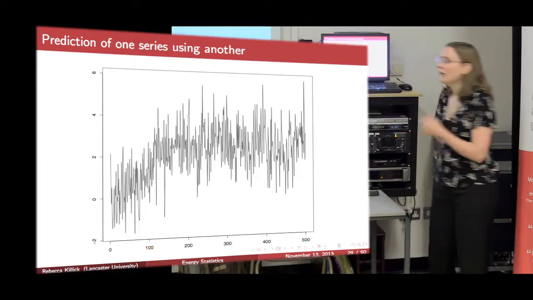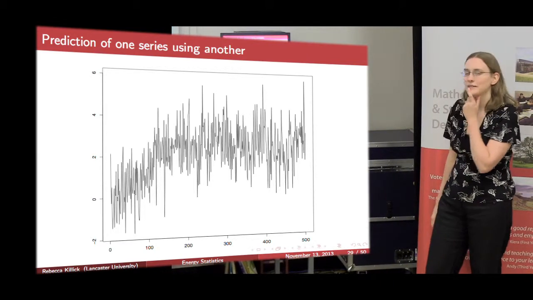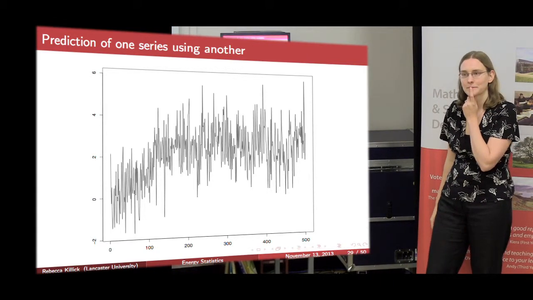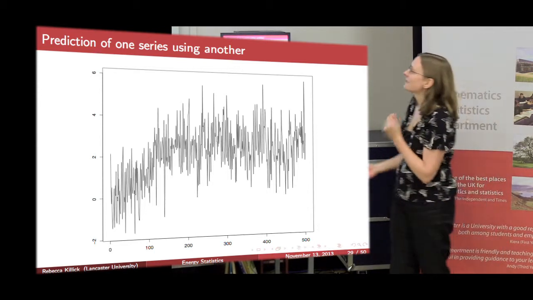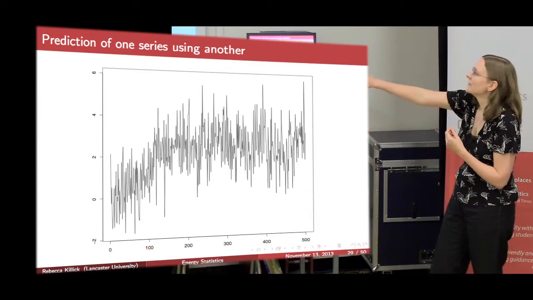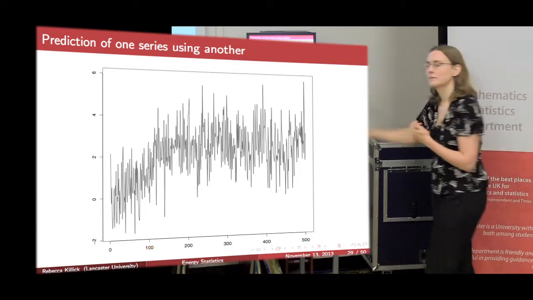Okay. How about if we've got something else going on? Okay. Can anybody predict what might happen here? No? Looks a bit like it's changing, doesn't it? So we've got a lower bit at the beginning, and then we're going into something that looks a bit more stable.